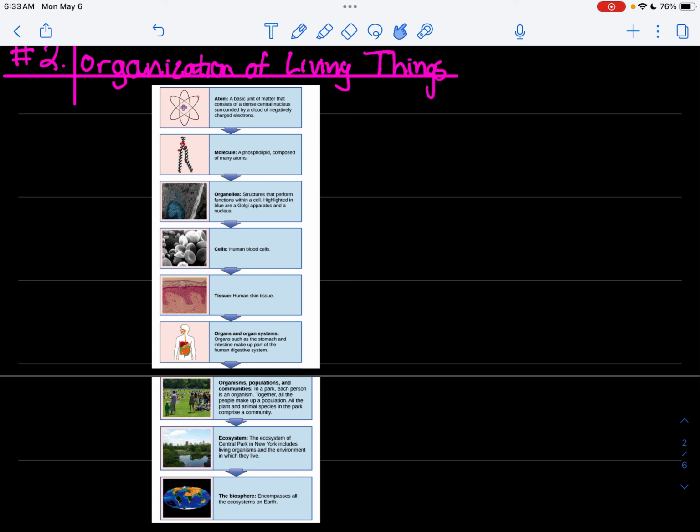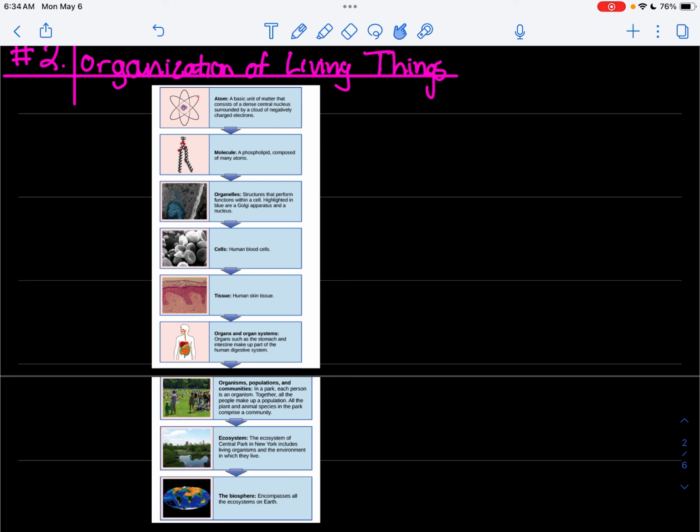So as you can see here, an atom is a basic unit of matter, okay? An atom is not the smallest unit of life. That's a common misconception among actually many people. The smallest unit of life is the cell. The cell is what determines if things are living.